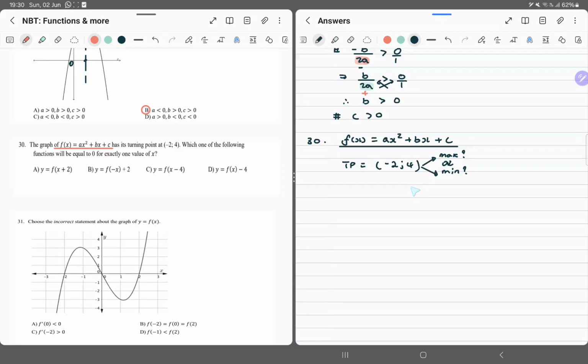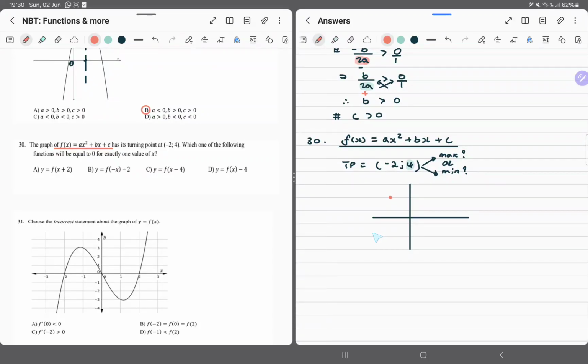So with a parabola, remember this is hypothetical, so we don't know. But look at this turning point. The y value at the turning point is a positive number. So we've got a position of this turning point. Let's put it there.